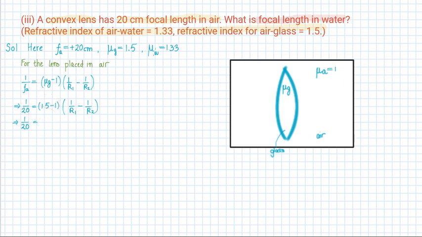It is 0.5. Instead of writing 0.5, for simpler calculation, I can write 1 upon 2. Right. In this part, I'll keep the same 1 by R1 minus 1 upon R2. Now, 1 by 2, if it cancels 1 by 20, then this should give me 1 by 10. Or you can also do it like this: send this 2 to the numerator, 1 to the denominator, cross multiplication.